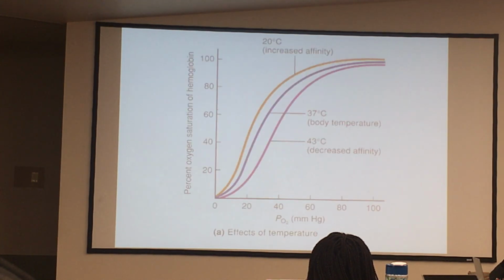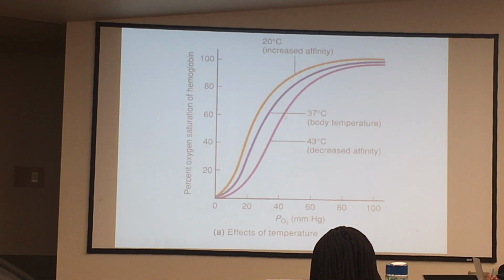The second condition is temperature. 37 degrees C is our normal body temperature. They put in an extreme case, 43, which would be a high fever, right? It also shifts the curve to the right.